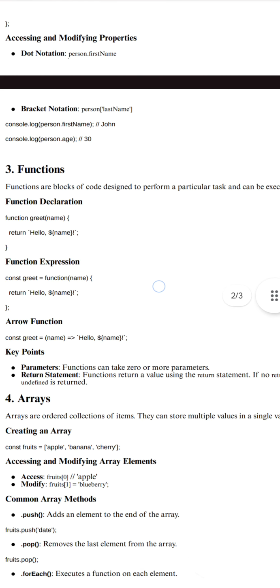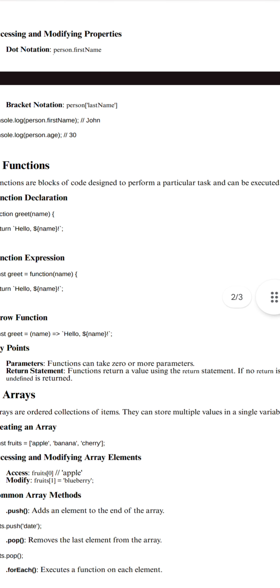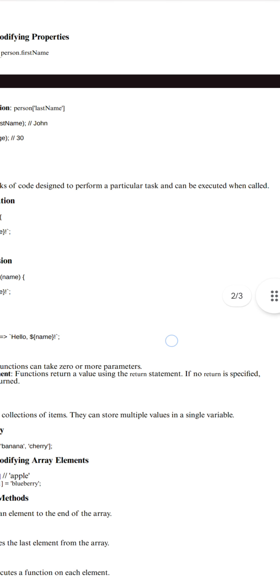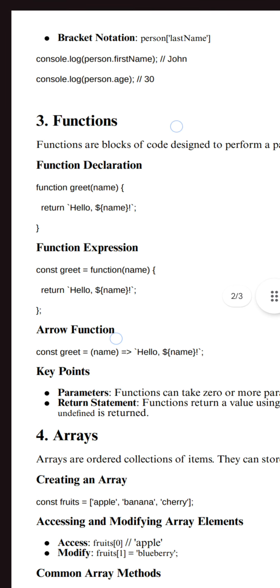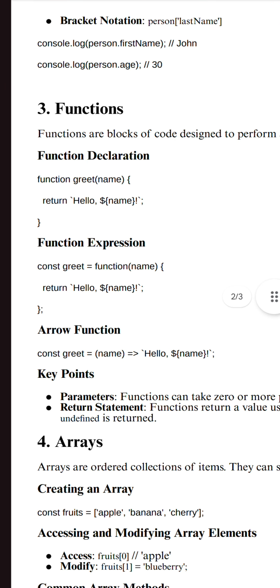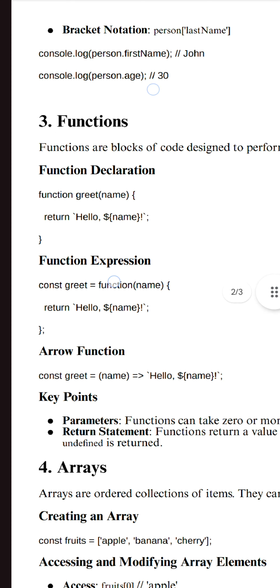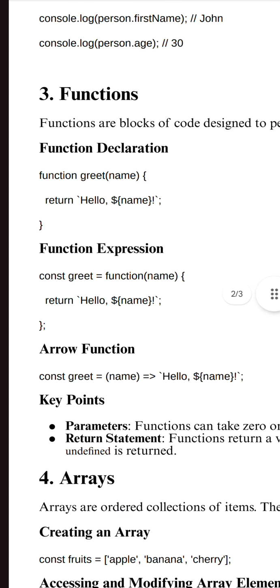Next comes functions. Functions are blocks of code designed to perform a particular task and can be executed when called. A function contains some block of code and it can be used in any part of the code. So for example, here I declared a function called greet name.